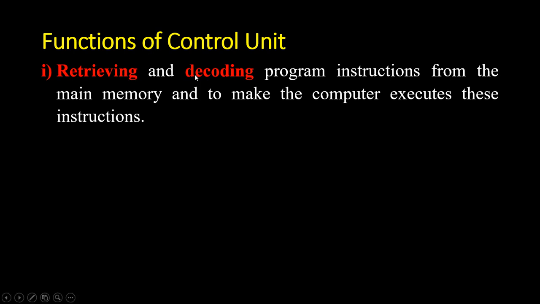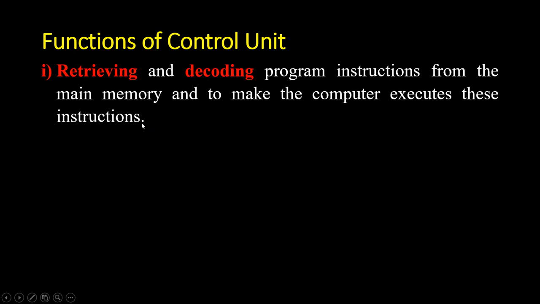So retrieving and decoding program instructions from the main memory. It will retrieve from the main memory and make the interpretation. And then after interpreting, it will make the computer execute these instructions.